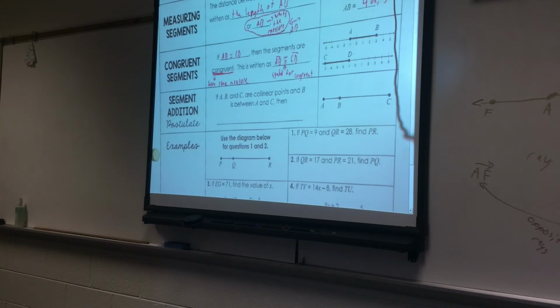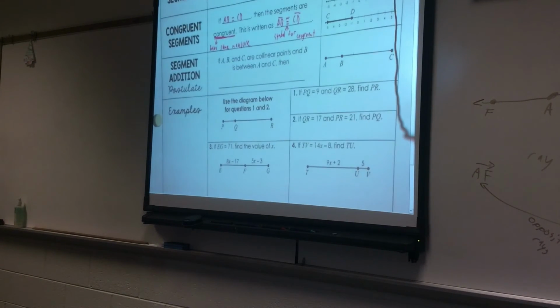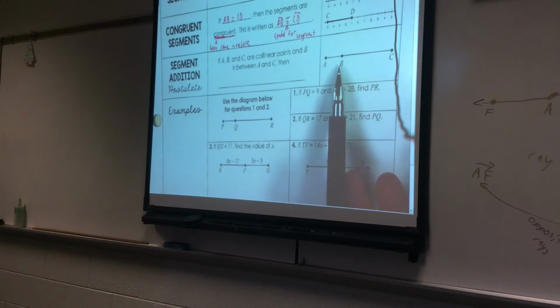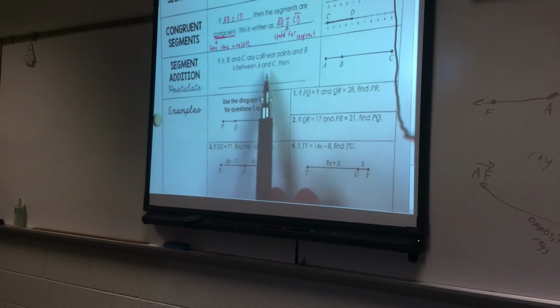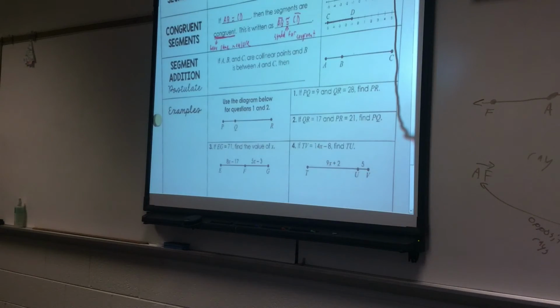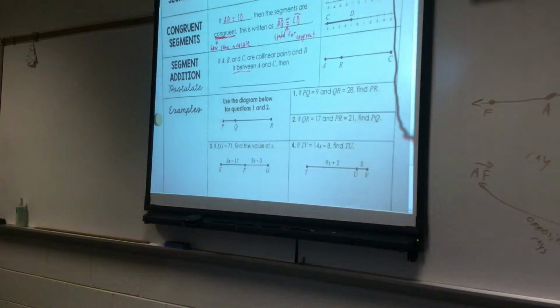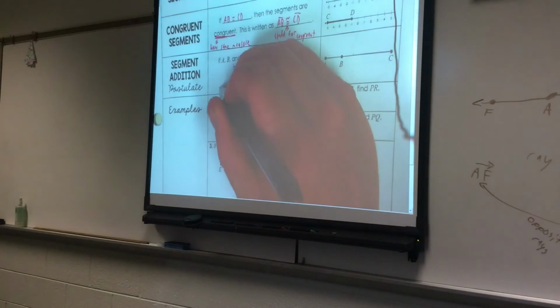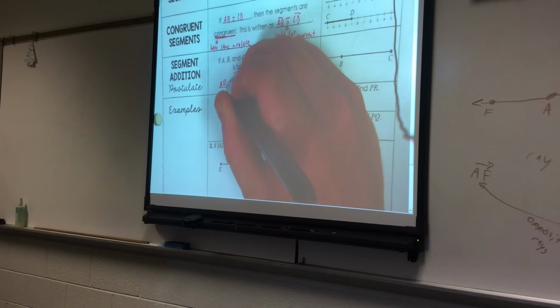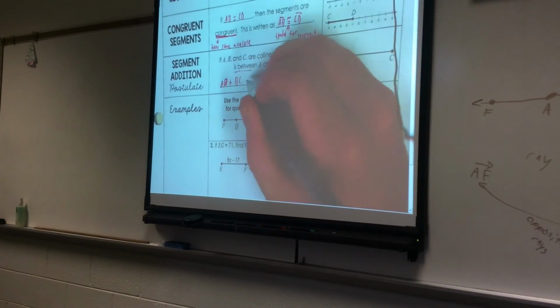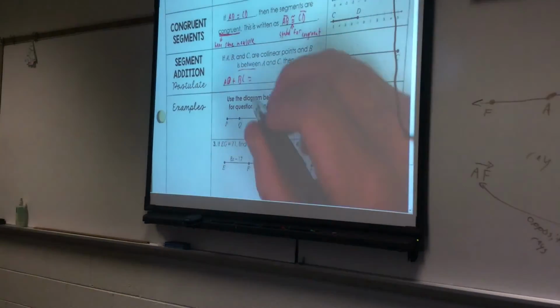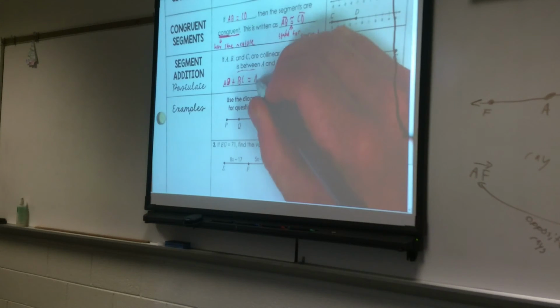Segment addition is exactly how you would think. So I have this segment over here, and AC is split up by this point B somewhere in between there, right? So it says if A, B, and C are collinear, that means they're on the same line, and B is between A and C, then the measure of AB plus the measure of BC would equal the entire part AC.